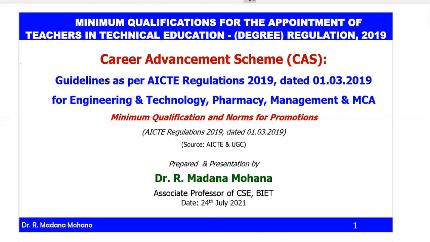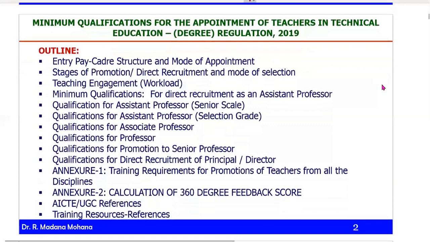These are all the various levels of promotions. Further, I would like to share a few points related to the minimum qualifications and norms for promotions as per the latest AICTE regulations 2019.